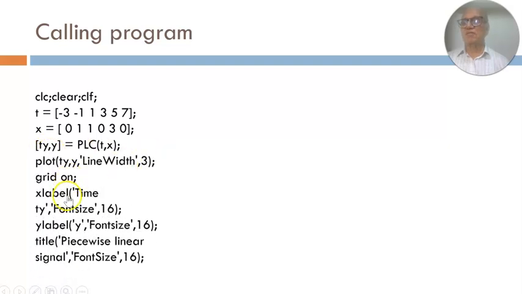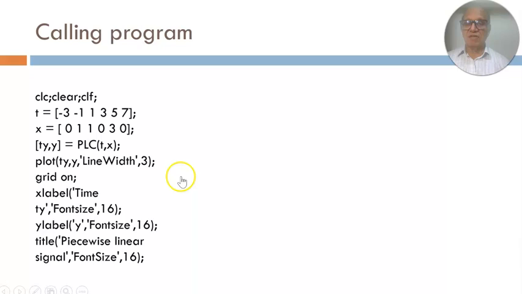So all the rest of this is simply for plotting whatever details you require. So since it's a continuous variable, you are using plot and not stem. Provide line width, grid on, and x label, etc. All these things we have discussed before. So I'll not spend much time on this.